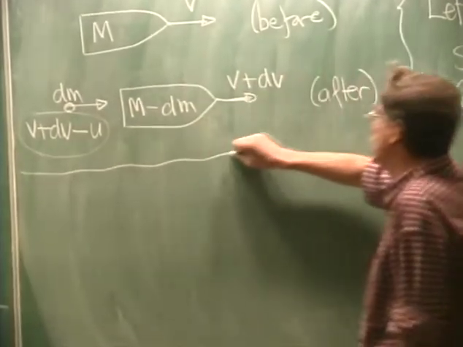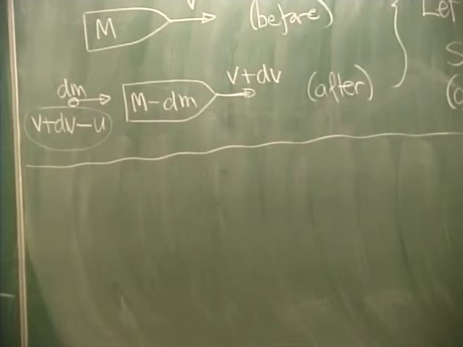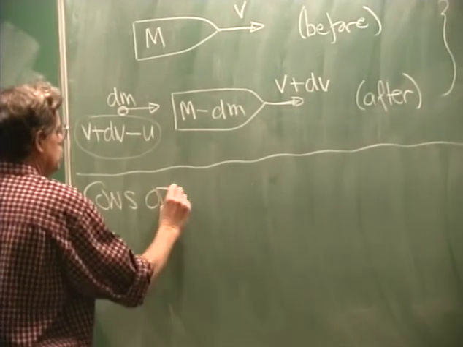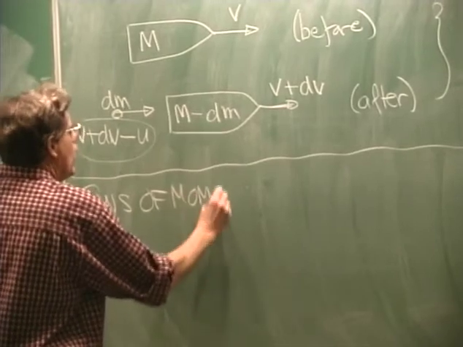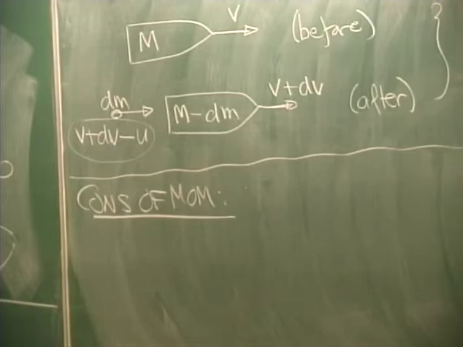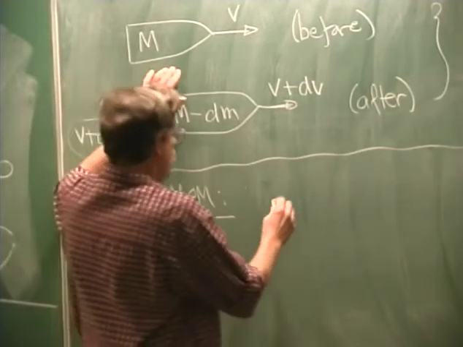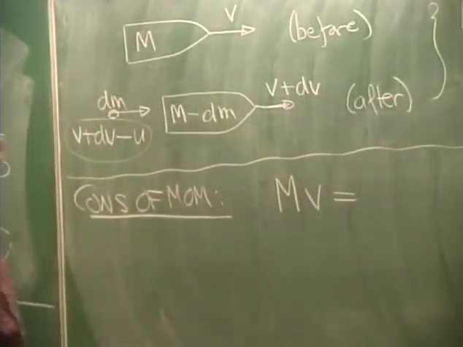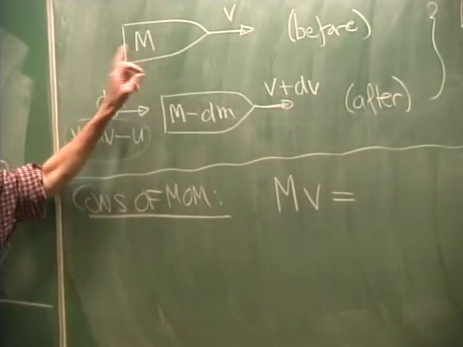Now, actually, everything is on the table. The rest is just conservation of momentum, and a little bit of nasty algebra again. What do I have? Initial momentum: mass of the rocket times the velocity of the rocket. Well, the rocket plus the fuel.